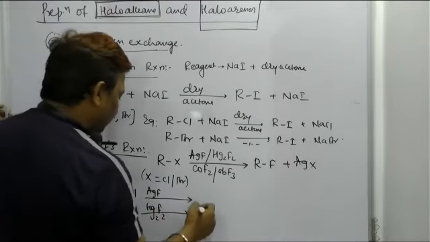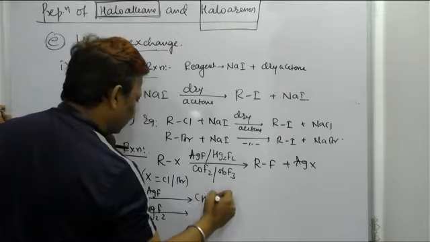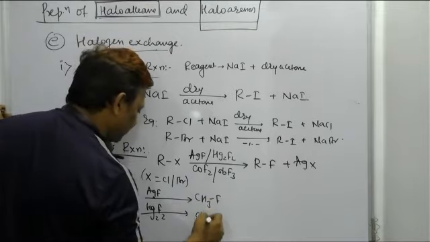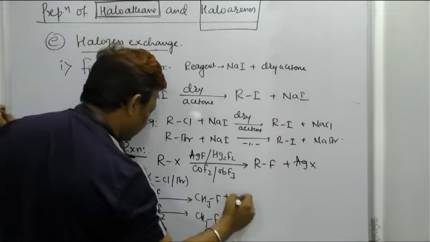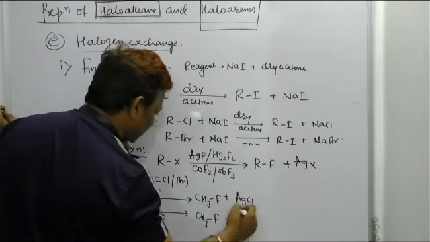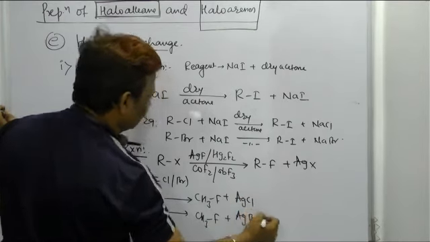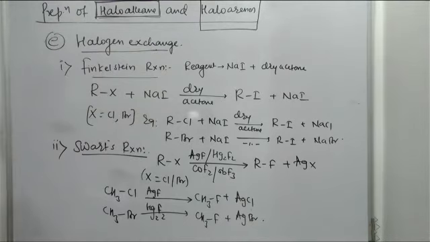We get methyl fluoride, and the remaining is AgCl or AgBr. Is it clear? These are the few halogen exchange methods which help in the preparation of haloalkanes.